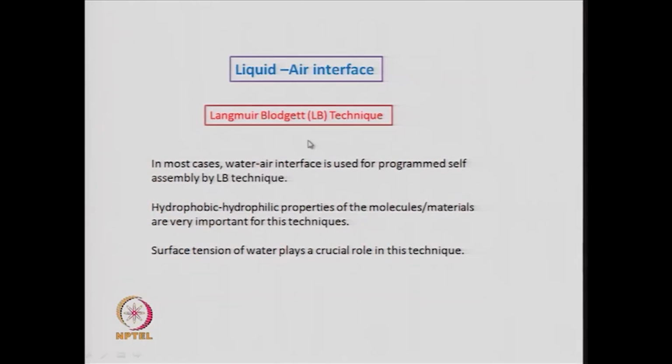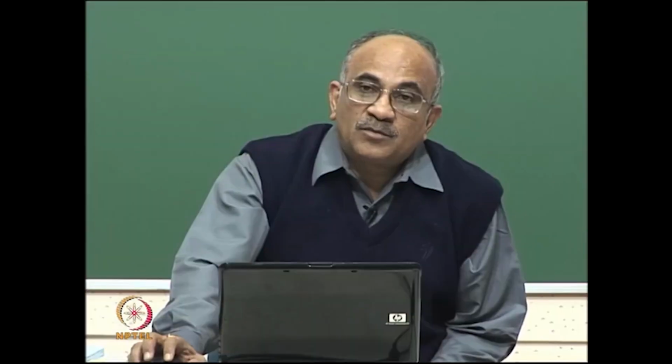The technique that people commonly use to make nanostructures at the liquid air interface is the Langmuir-Blodgett technique, and it is more or less called programmed self assembly. The liquid in most cases is water in the LB technique.